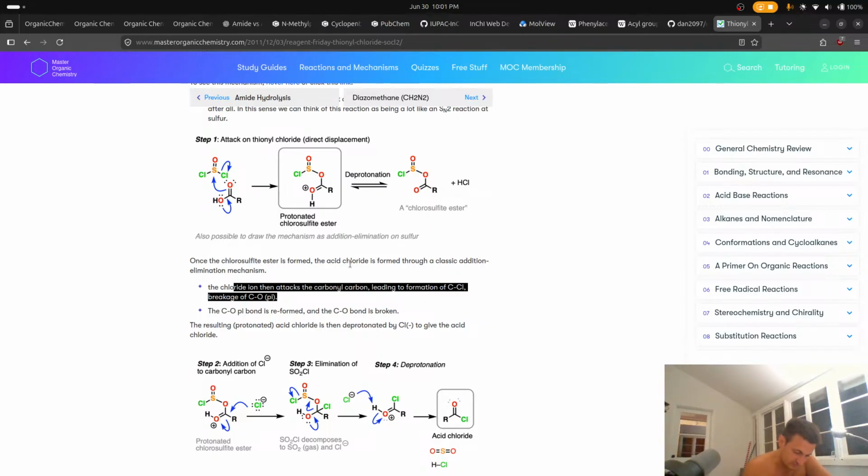So now we have R-C-Cl, OH, O-S(Cl) double bond O. So we have this. But now the lone pair on oxygen comes and dives into a pi again. This time the sigma bond here.